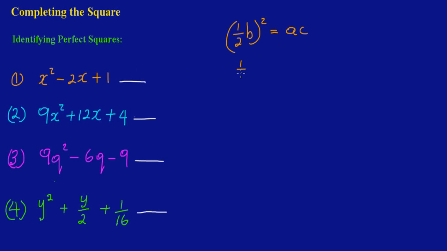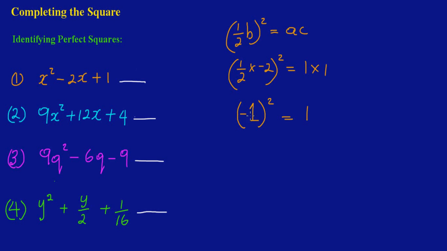Now half of b, which is in this case negative 2, and I'm going to square it, and that must be equal to, in this case, a is 1 and c is also 1. Now half of 2 is 1, and a positive times a negative will give me a negative, and I'm going to square my negative 1, and that must be equal to 1 times 1, which is 1.